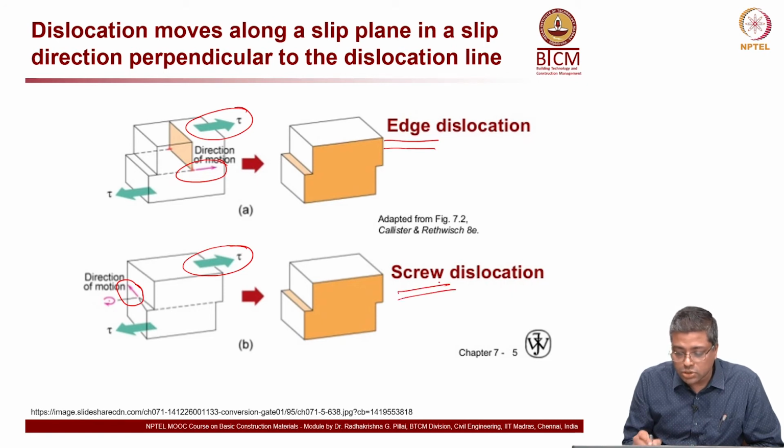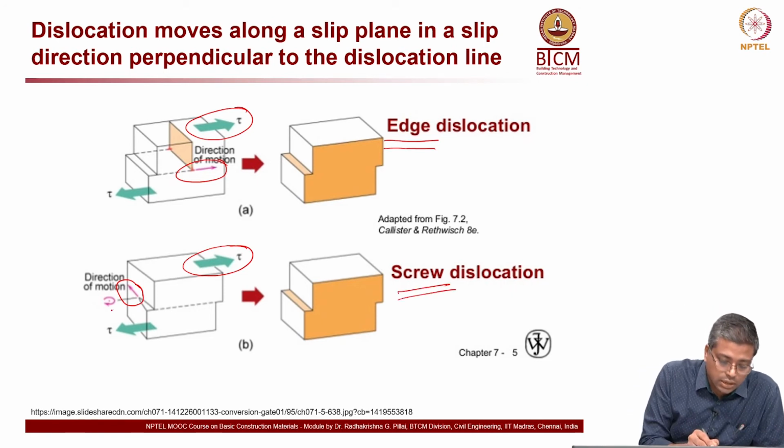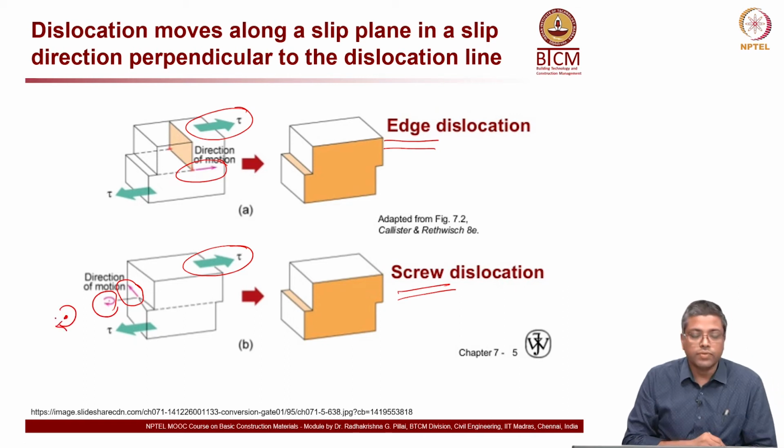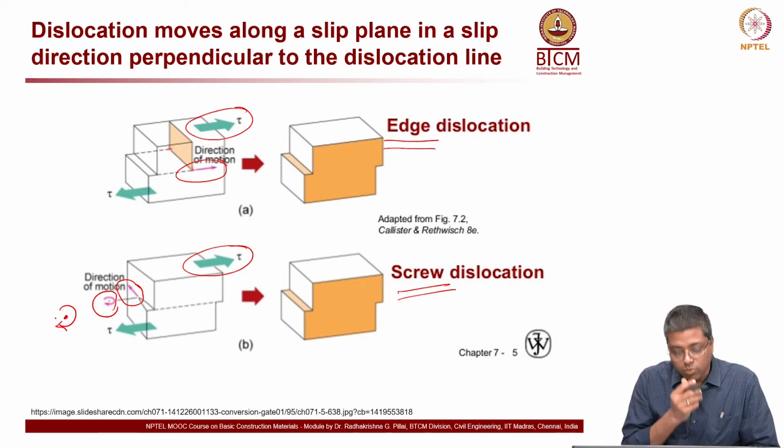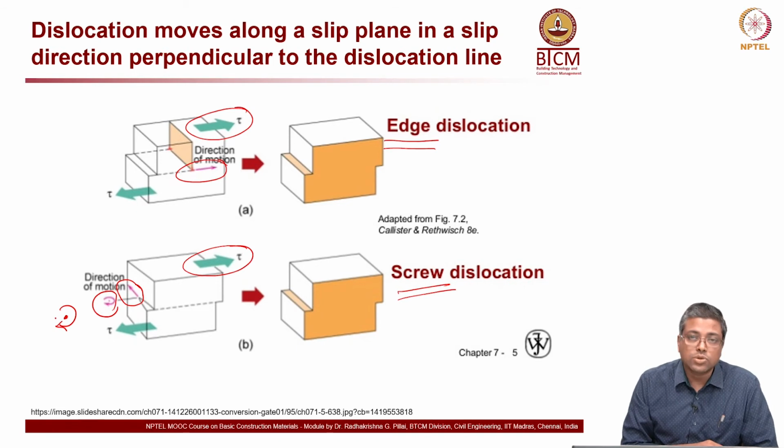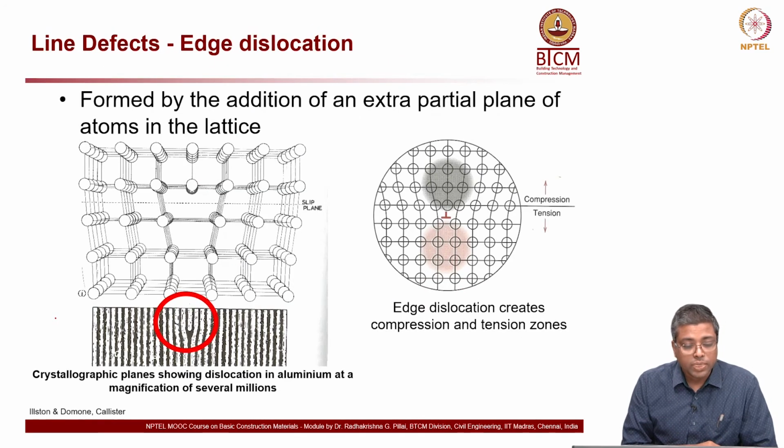That is what is a screw dislocation. So the direction of motion is not parallel to the direction of the force applied. These are the major differences between the edge and the screw dislocation.